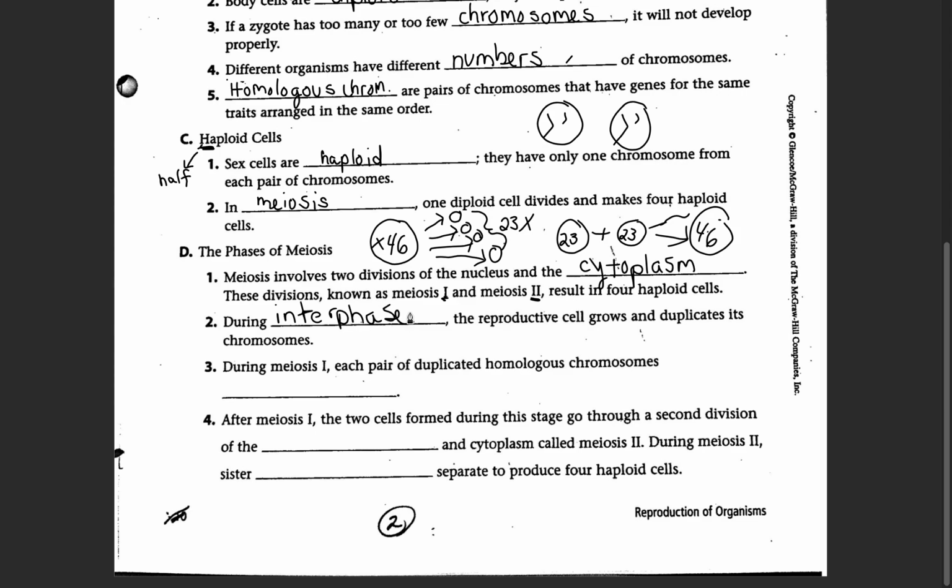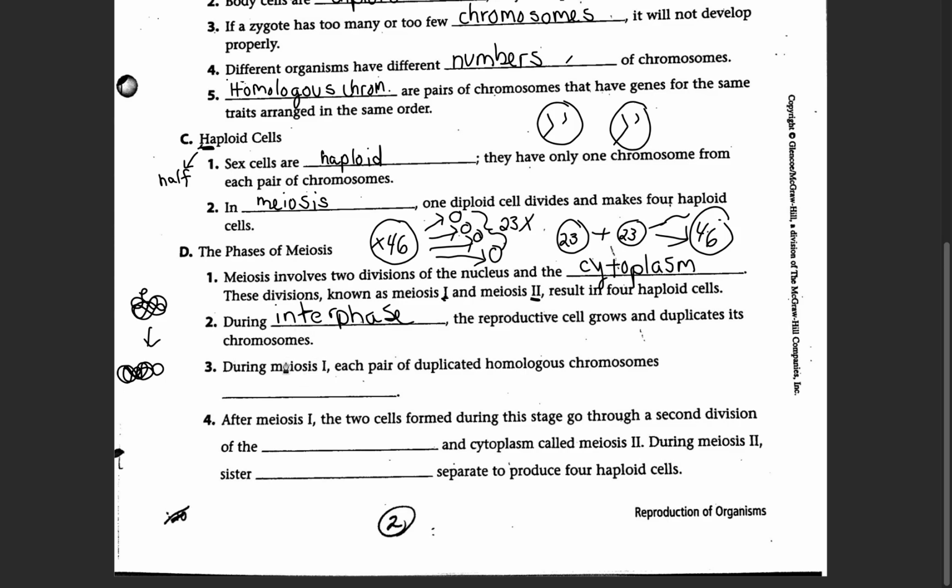Interphase is where we're going to make copies of the DNA. So we might start with some DNA right here. It kind of just looks like spaghetti. And after interphase, we have another copy of that DNA, and those copies are going to be the same with each other, mostly. Then we get into meiosis 1, which is the very first part of meiosis.